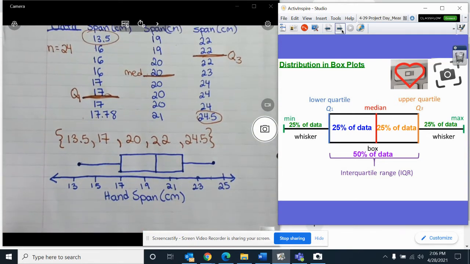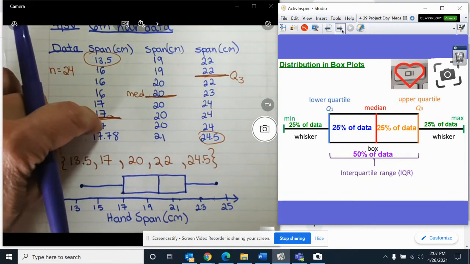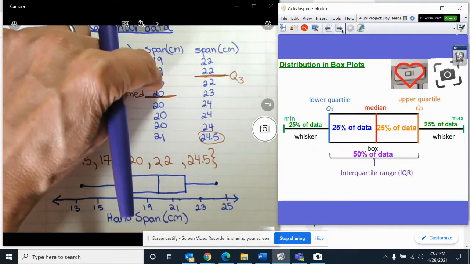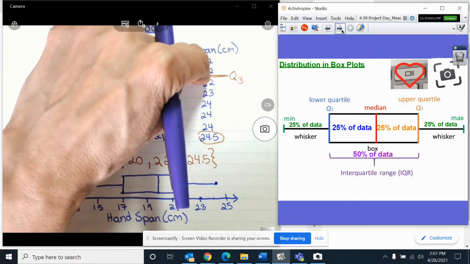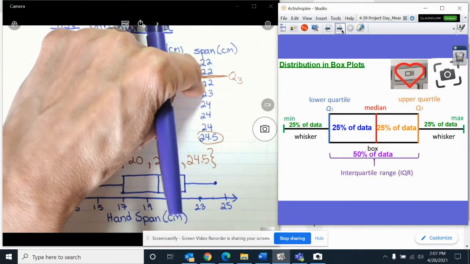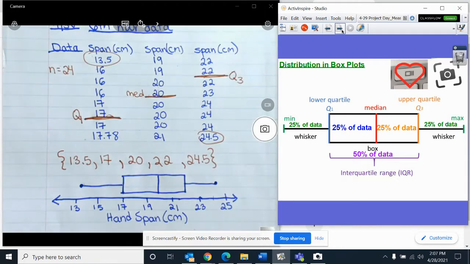And if we go and look at our data, 1, 2, 3, 4, 5, 6, 7, 8, 9, 10, 11, 12, 13, 14, 15. If we go up to, including 22, 15 of the 24. So just over half are actually in that range.